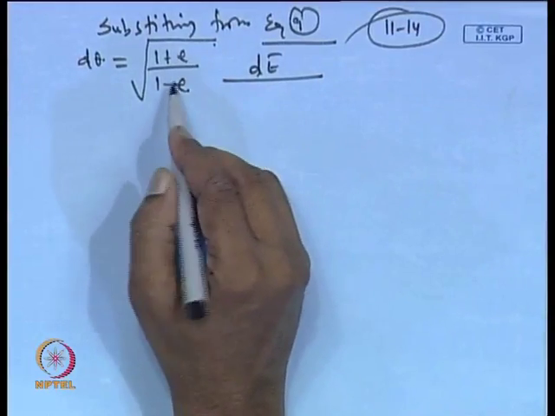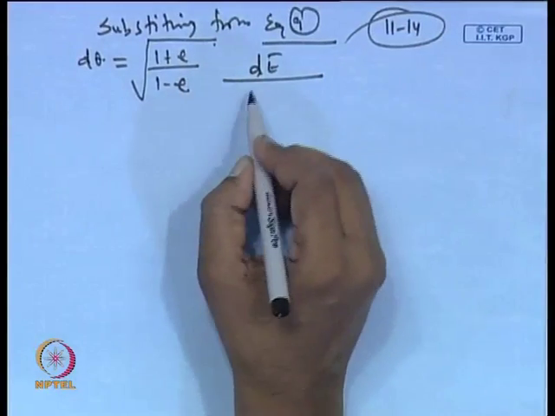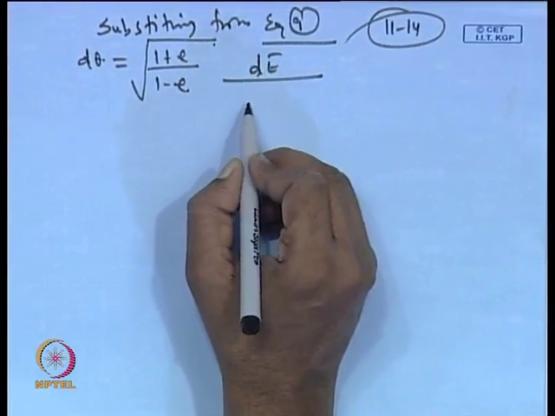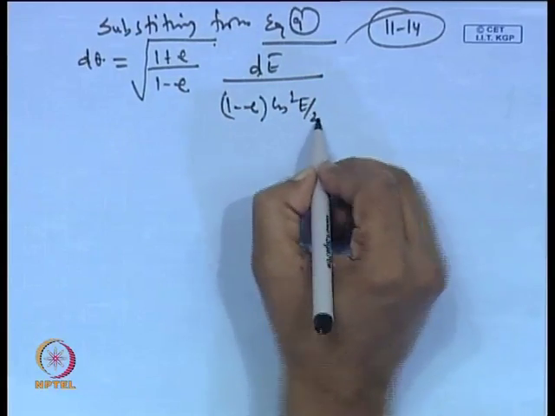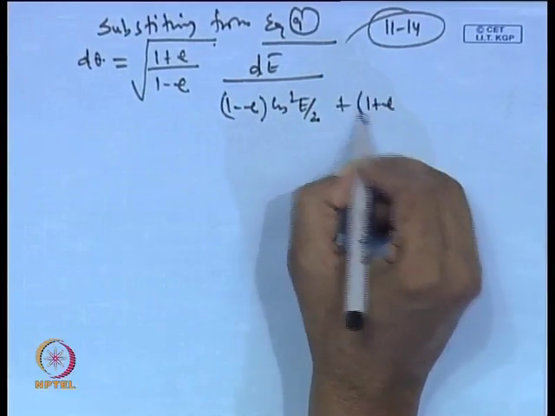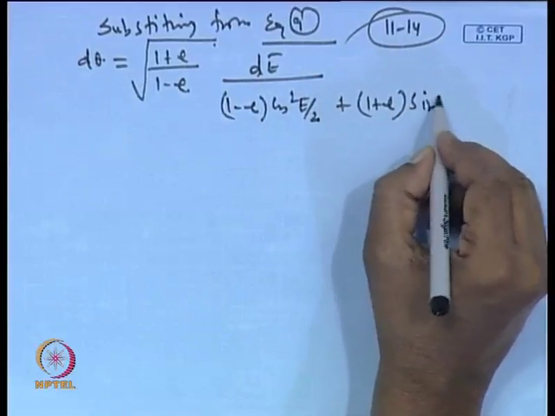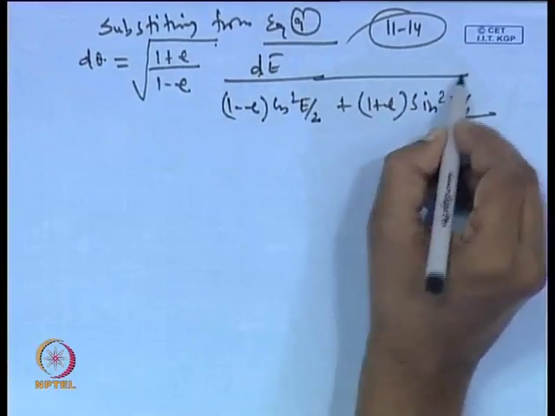Okay. So, d theta can be written as square root of 1 plus e divided by 1 minus e times 1 minus e cos square E by 2 plus 1 plus e sin square E by 2. Okay.